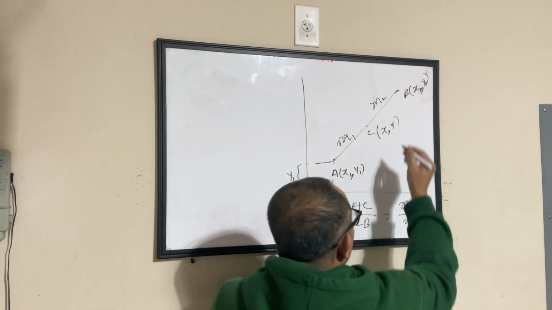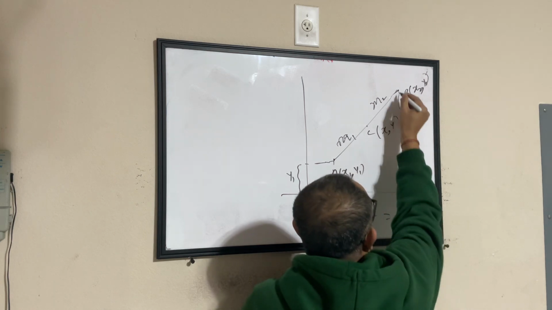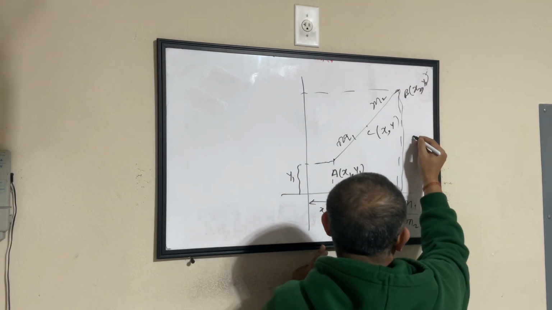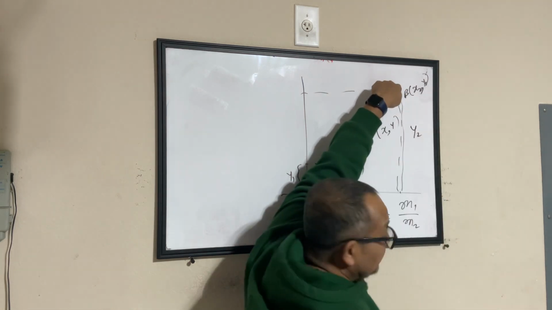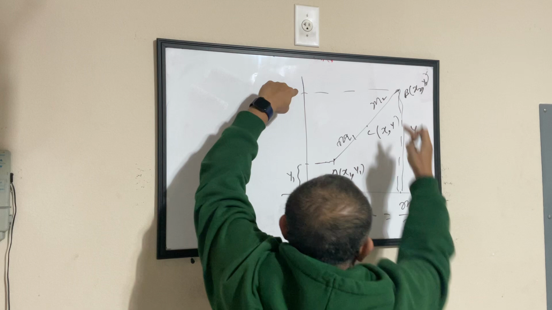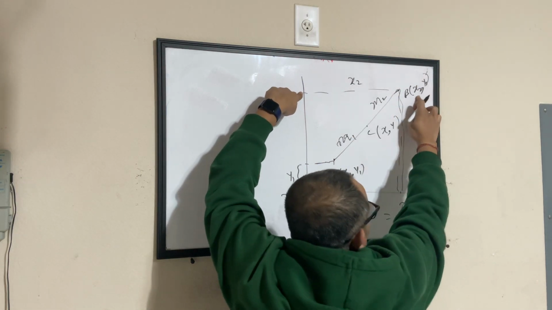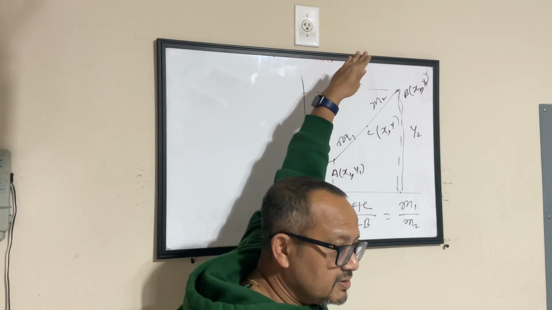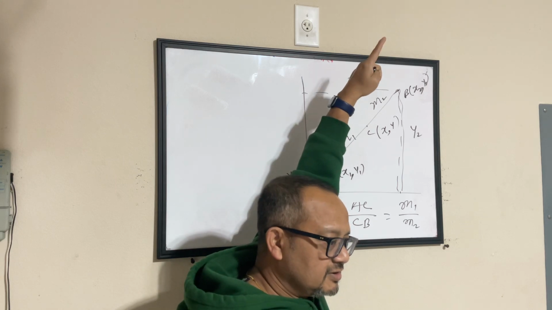Now from this point also let's draw a perpendicular here and draw a perpendicular here. This distance is y2 because this is my y coordinate for this point. And here to here is nothing but x2, because that is my x coordinate. Nothing confusing so far? Ritika?